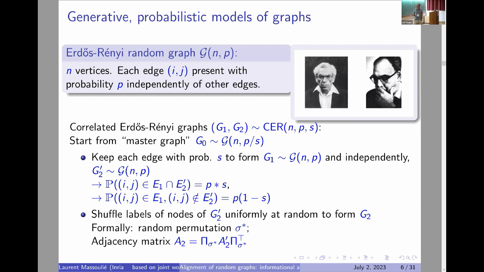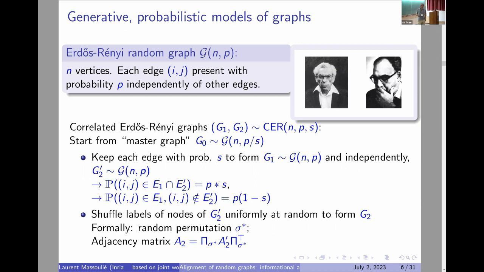So formally, I pick a permutation sigma star uniformly at random in the symmetric group with n elements. And the adjacency matrix of my second graph G2 will be A2, which is the adjacency matrix of G'2 pre and post multiplied by a permutation matrix associated with the unknown sigma star.